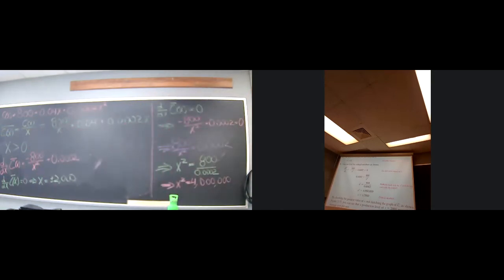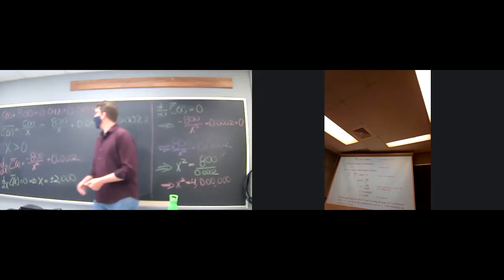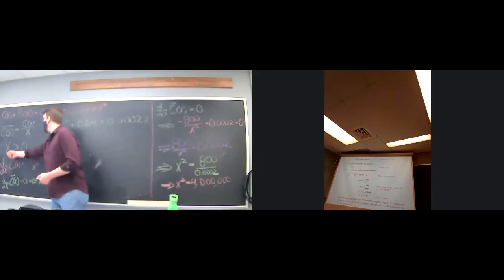So from here, we're going to apply our first derivative test again to find if 2,000 maximizes or minimizes our function. Make sense? Since we know x is greater than 0, we just need to know if 2,000 maximizes or minimizes.